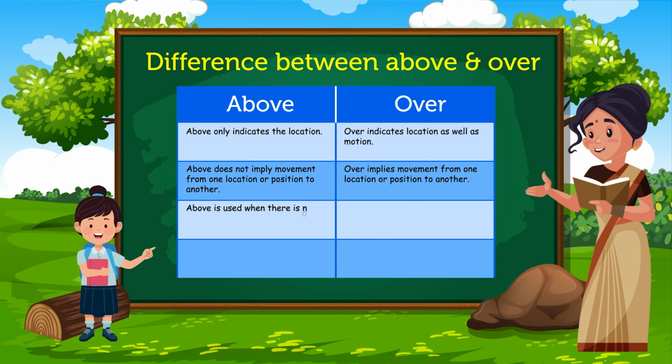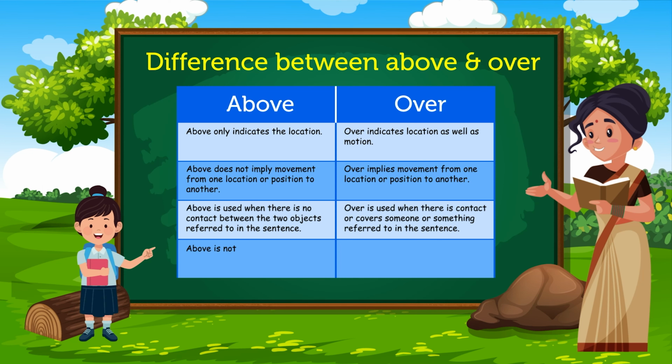Above is used when there is no contact between the two objects referred to in the sentence. Over is used when there is contact or covers someone or something referred to in the sentence. Above is not very much used with numbers. Over is often used with numbers.